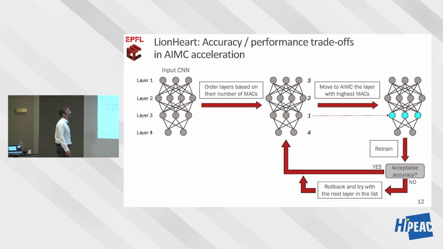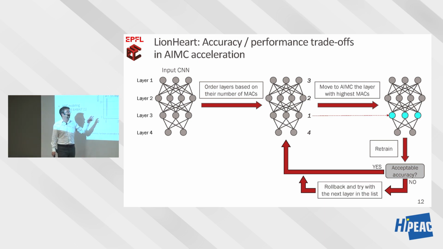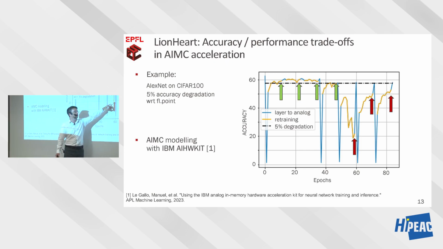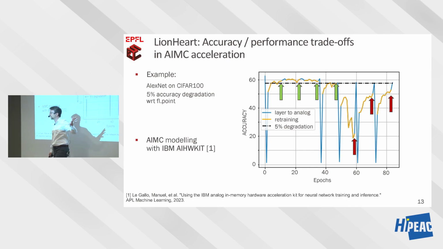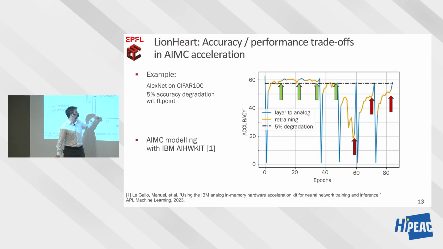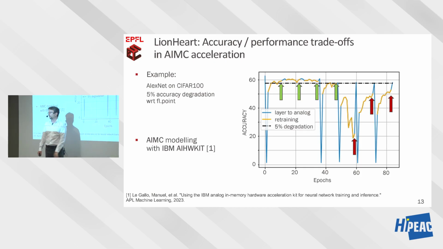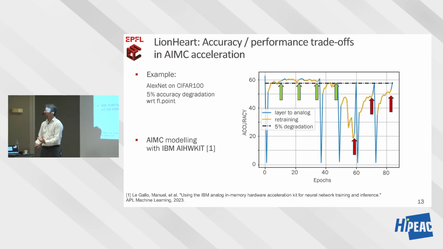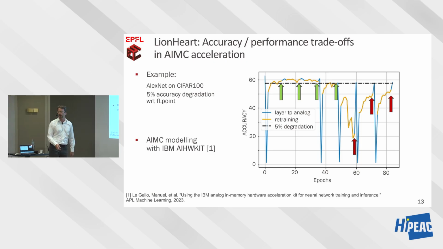This is what happens. So the moment in which a layer is transferred to analog, you have that usually your accuracy just drops like a rock. These are all these points here. But then most often, with few retraining inputs, you are able to recover quite a lot of your accuracy.